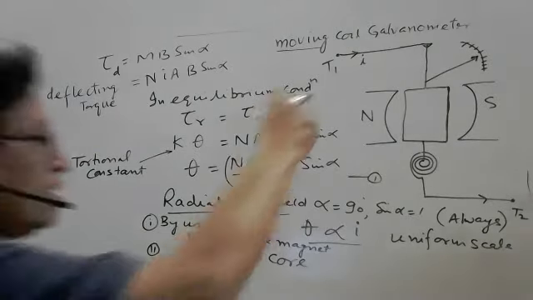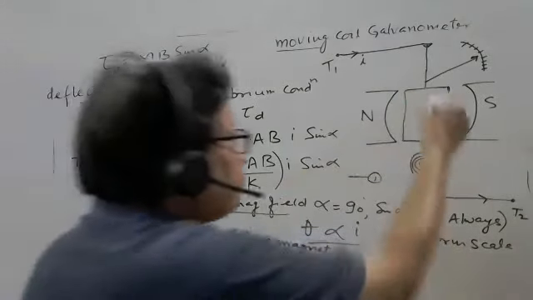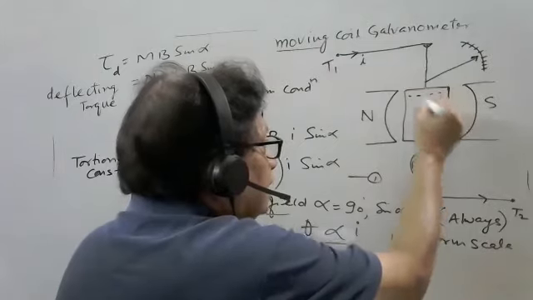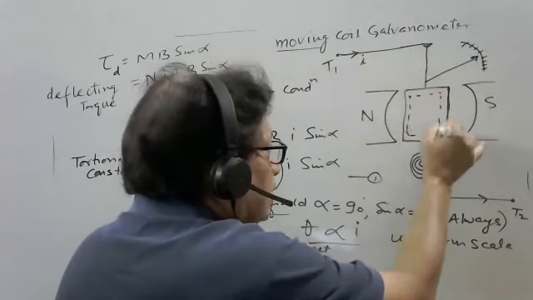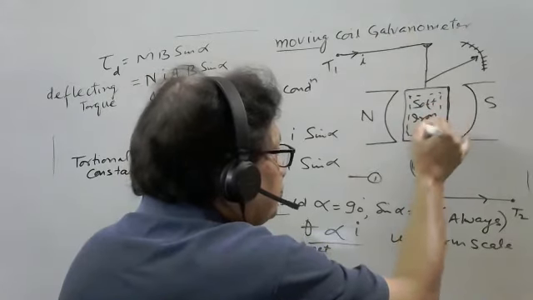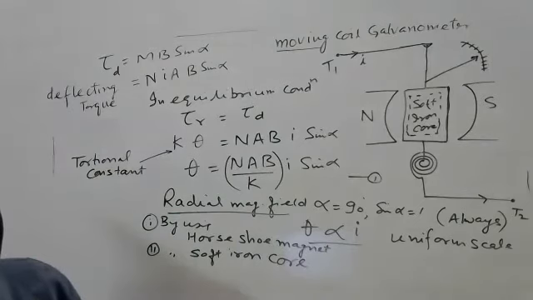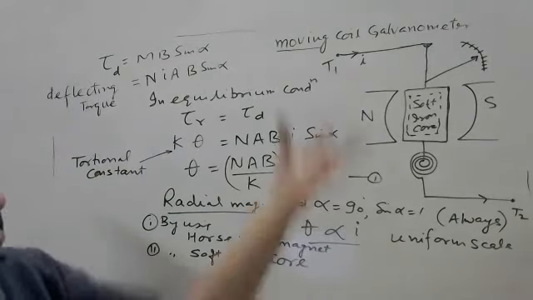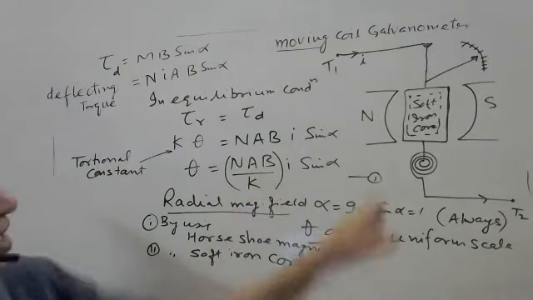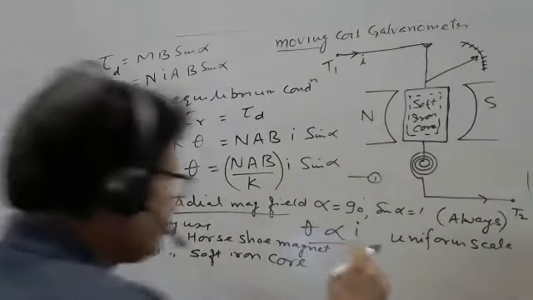So here, first thing we are taking the soft iron core inside the coil. The permeability is very large, susceptibility is very large, so lines of force are concentrating. At the same time, the magnet should be like this.